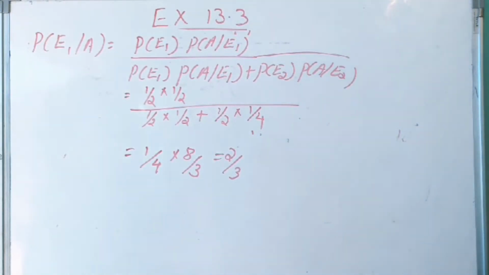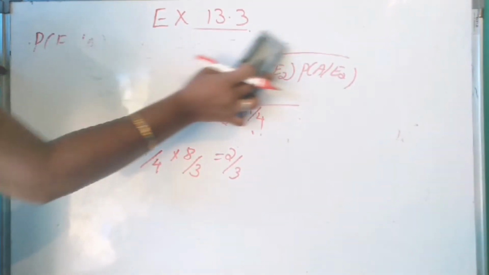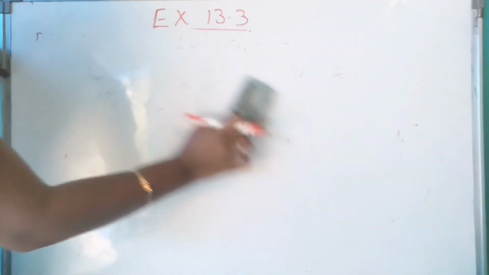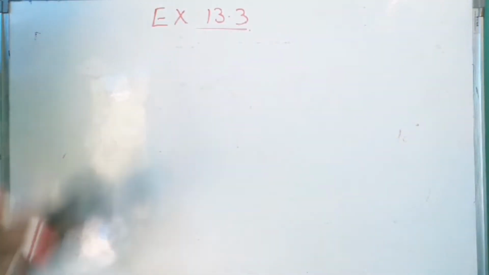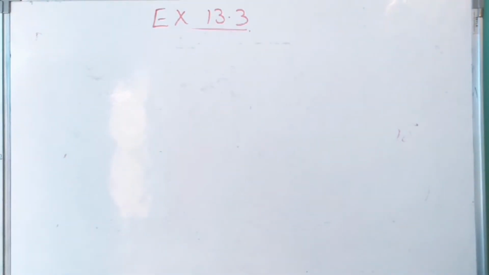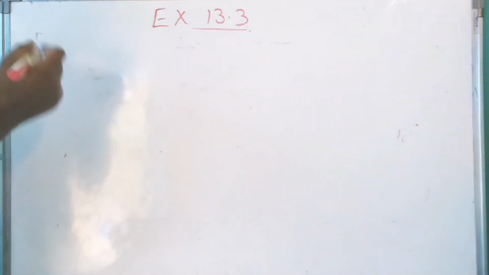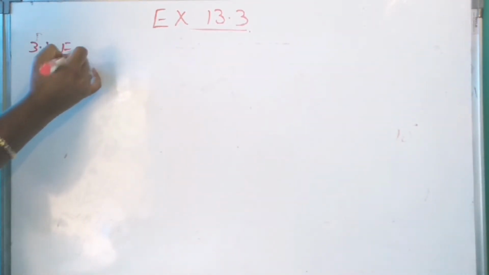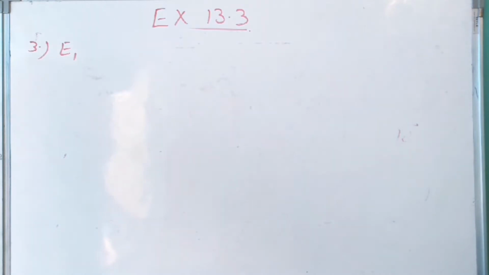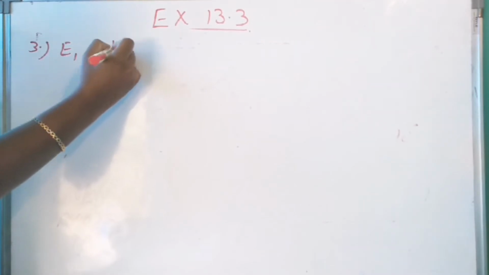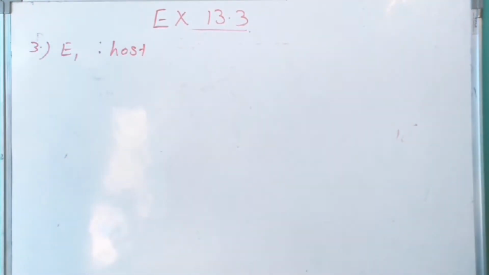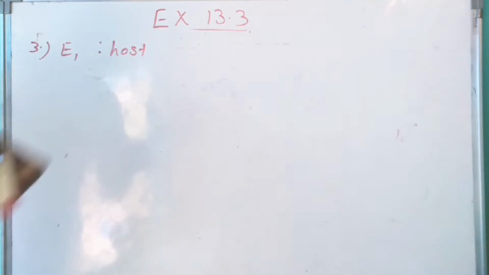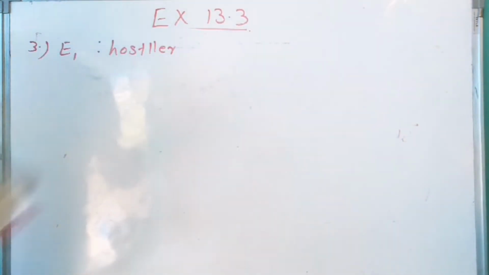Can you please tell me what is our E1, E2 in this case? Here we have two conditions. The student is a day scholar and the student is a hostler. So we are going to define E1 and E2 as, let E1 be the event that a student resides in a hostel, so hostler.